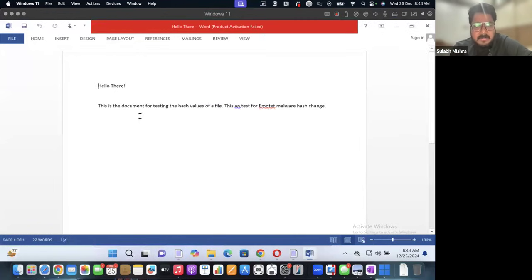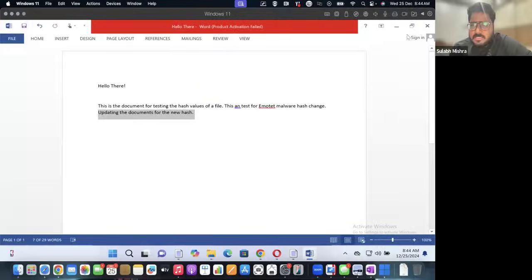Here it has some text: "Hey there, this is the testing hash value of a file, and this is a test for an emulated malware hash change." Now let's make some changes. I'm adding "updating the document for the new hash", and I'm clicking on save.